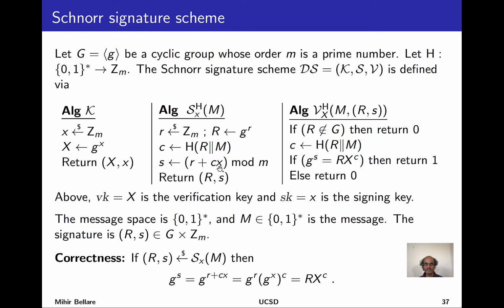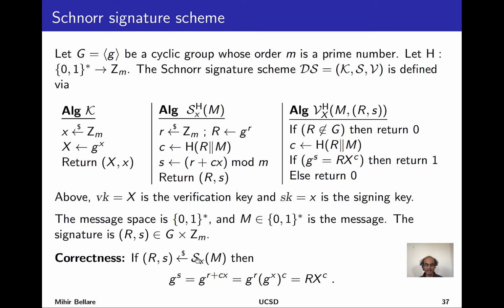But not having the secret key, we do that test by raising everything as a power in base g. So we take g to the S and compare it to big R times big X raised to the power C. And if those match, then verification accepts, else it outputs 0. So here the message space is strings of all lengths, and a signature is a pair whose first component is in the group and the second in the integers mod M.